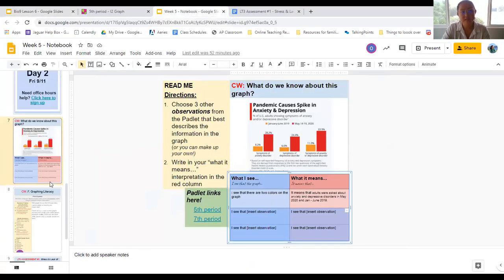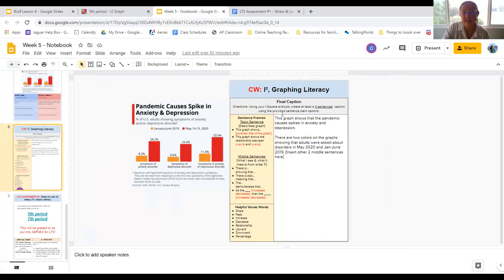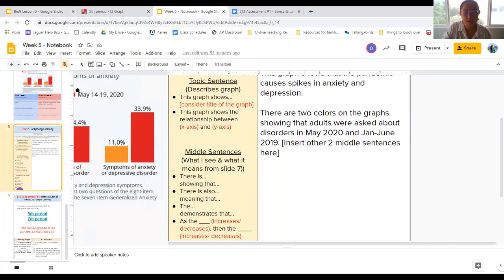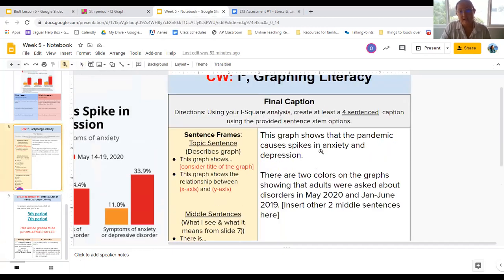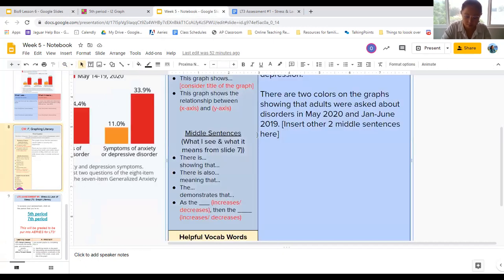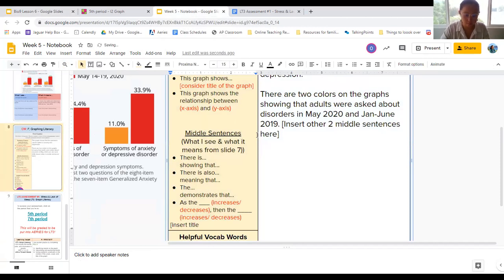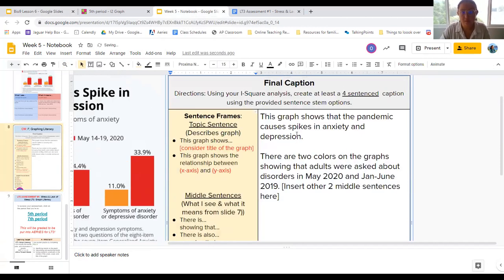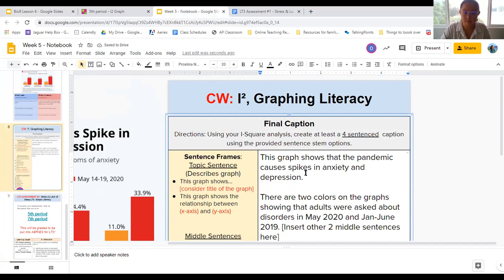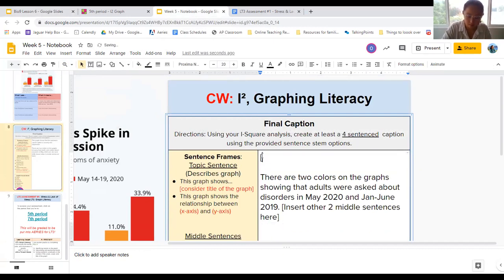All right, now that you've had a chance to think, I want you to go to slide 8, and I will zoom in so you can actually see this. So in slide 8, you'll see that it is right here. Insert topic sentence here.